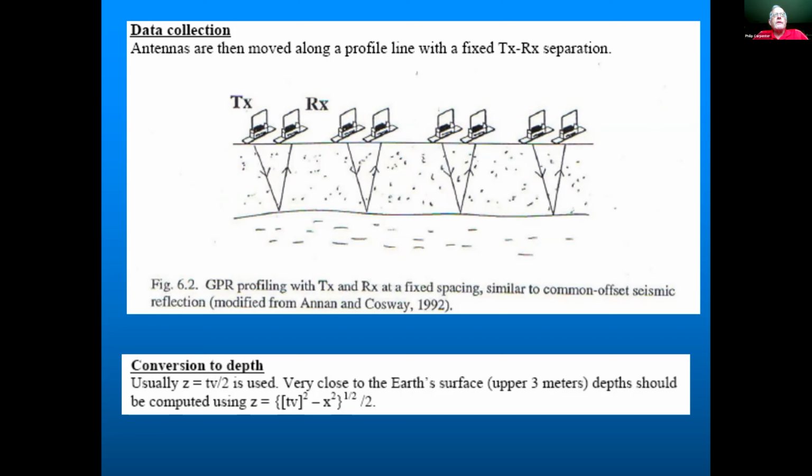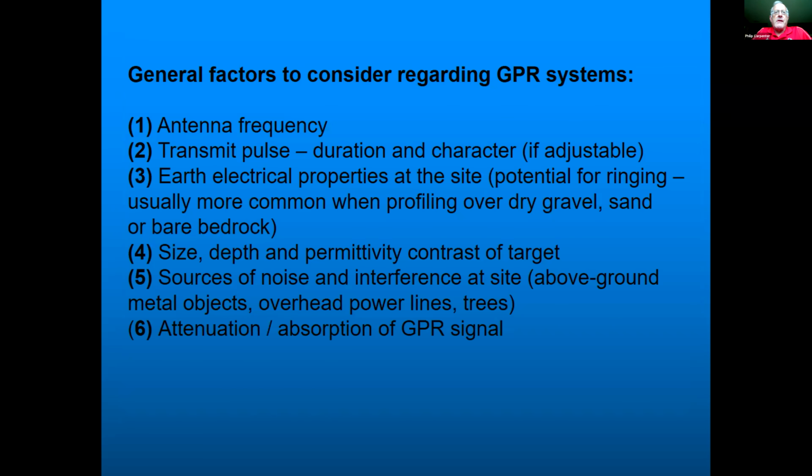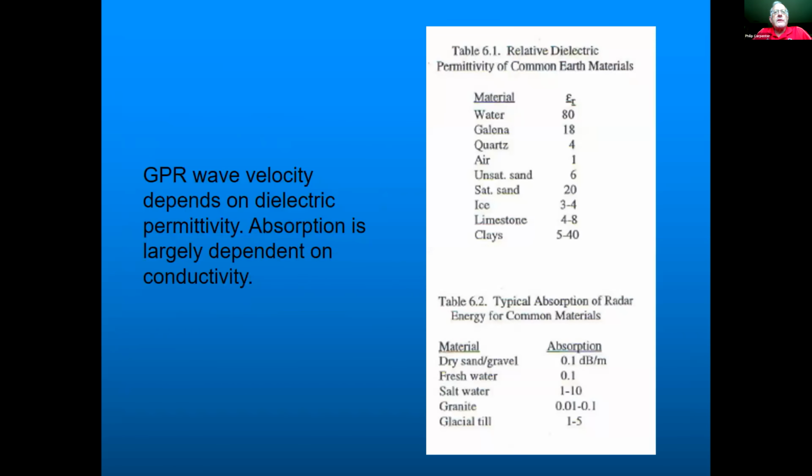The 100 megahertz are 1 meter, the 50 megahertz, 2 meters, 25 megahertz are 4 meters long. So they're difficult to manage in the field. We covered all this stuff already.